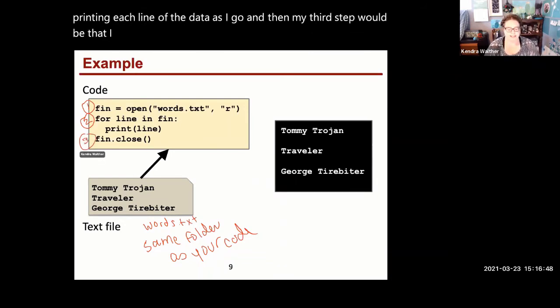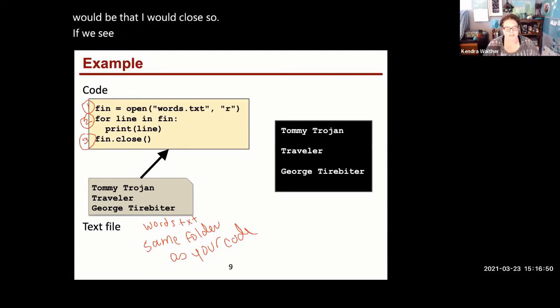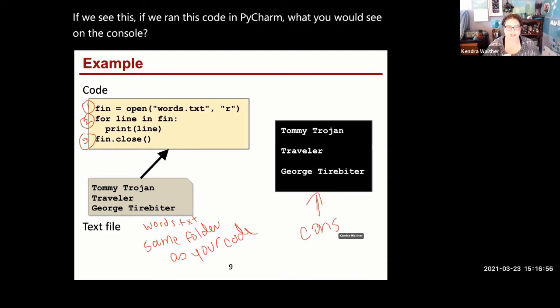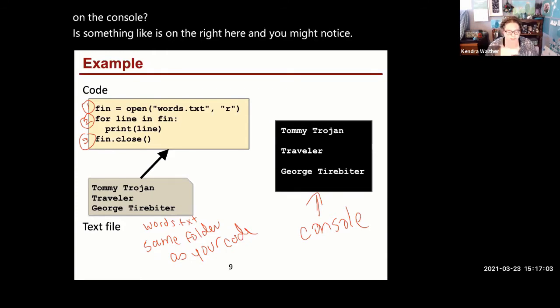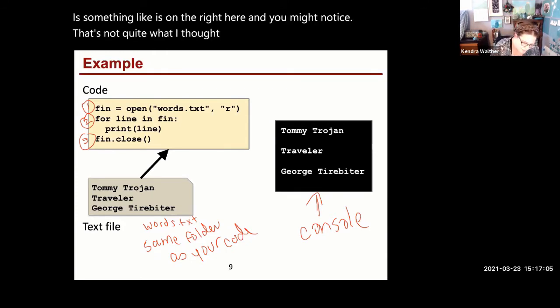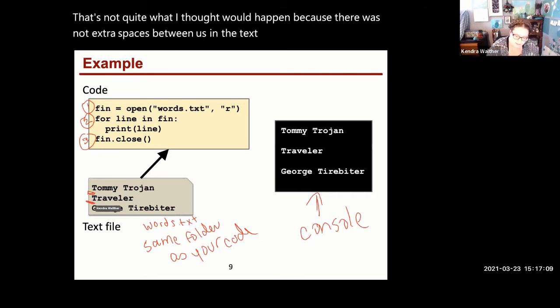If we ran this code in PyCharm, what you would see on the console is something like what is on the right here. And you might notice that's not quite what I thought would happen, because there were not extra spaces between these lines in the text file, but over here I do have these empty spaces.